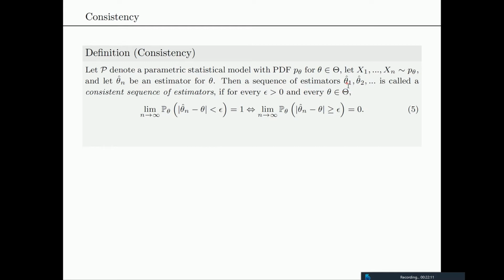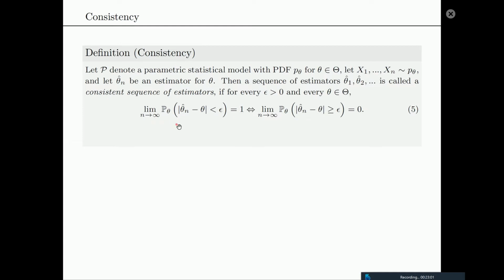If you now assume a sequence of estimators, theta hat 1, theta hat 2, and so on, which of course are always based on one more data point, or one more random variable that you think your data point is a realization from, this sequence of estimators is called a consistent sequence of estimators if for every epsilon larger than 0, that you can make very small, and every theta in the parameter space, the limit of the probabilities that theta hat n deviates from the true but unknown parameter value by less than epsilon is 1.